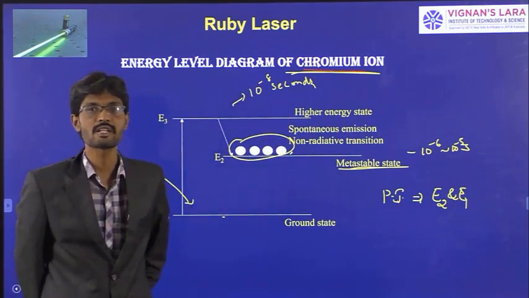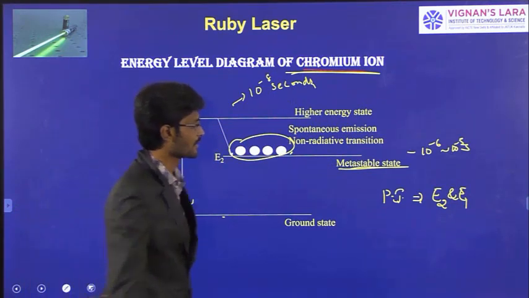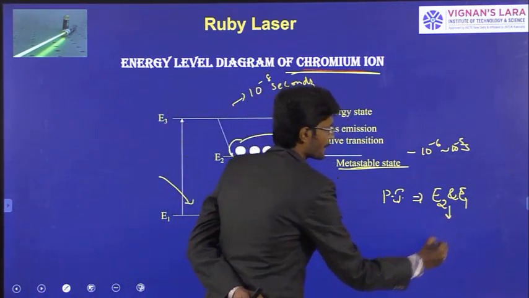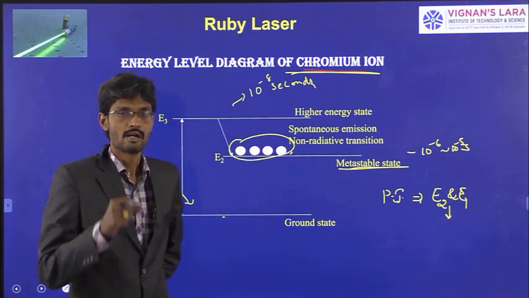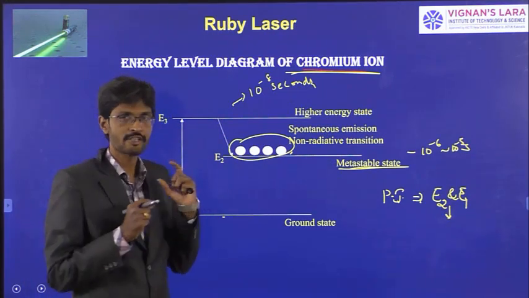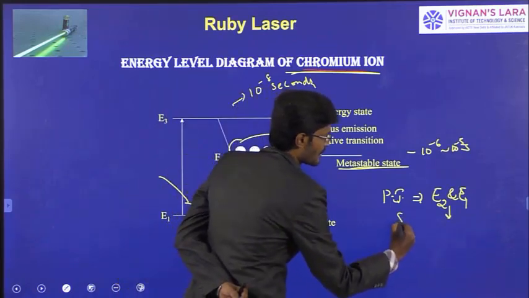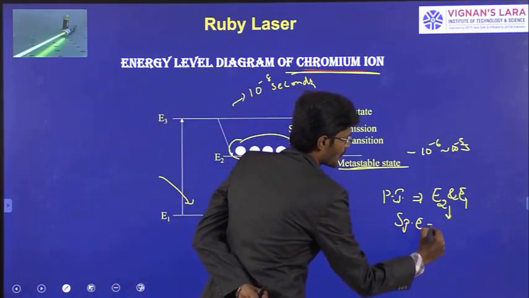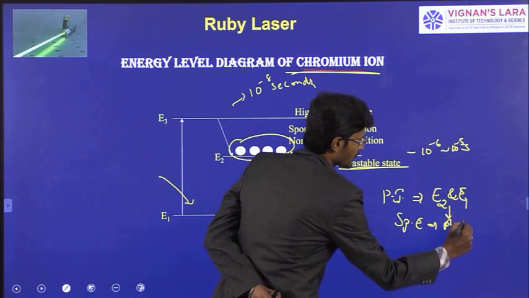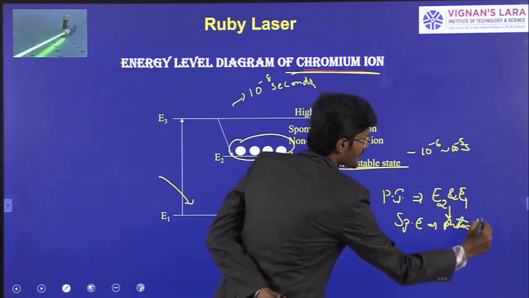Once the population inversion is achieved, at any moment a spontaneous emission will take place between E2 and E1. This spontaneous emission will produce a photon of energy E2 minus E1.